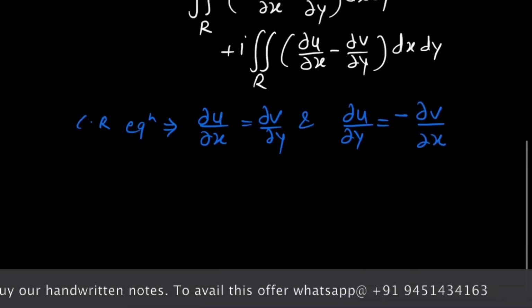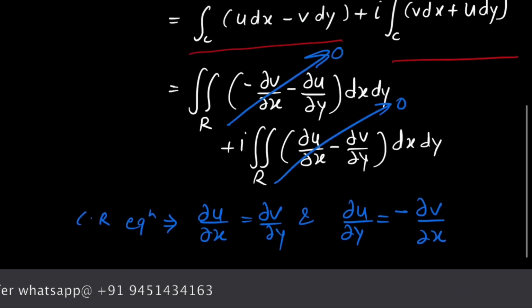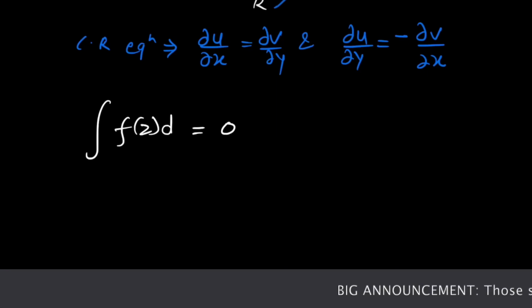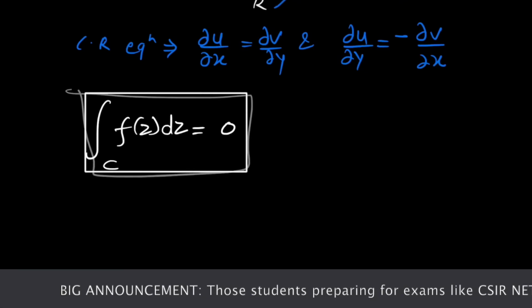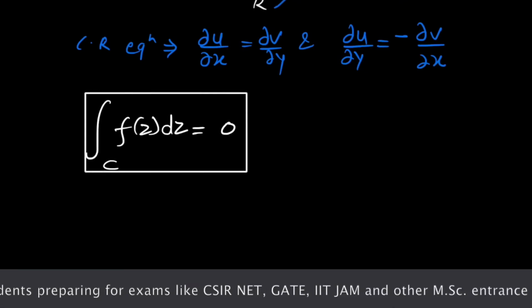So using the Cauchy-Riemann equations, this will be 0 and this will be 0. Hence the given integral will be 0. So the integral of function f(z) over contour C is 0. I hope the proof of this theorem is clear to you.